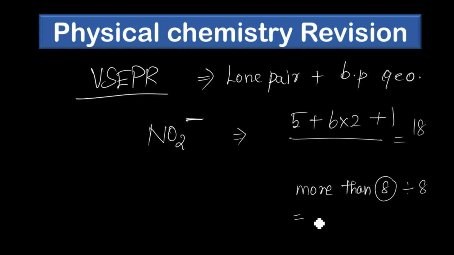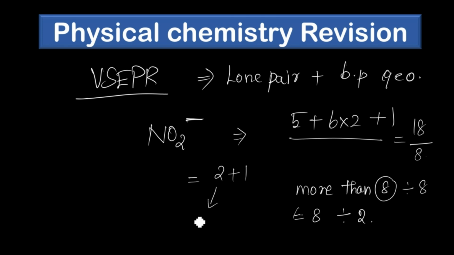If it is equal to or less than 8, then you have to divide it by 2. Here that is obviously more than 8. So 18 by 8, 2 as quotient, 2 as remainder. 2 is less than 8, so divided by 2, which becomes 1.